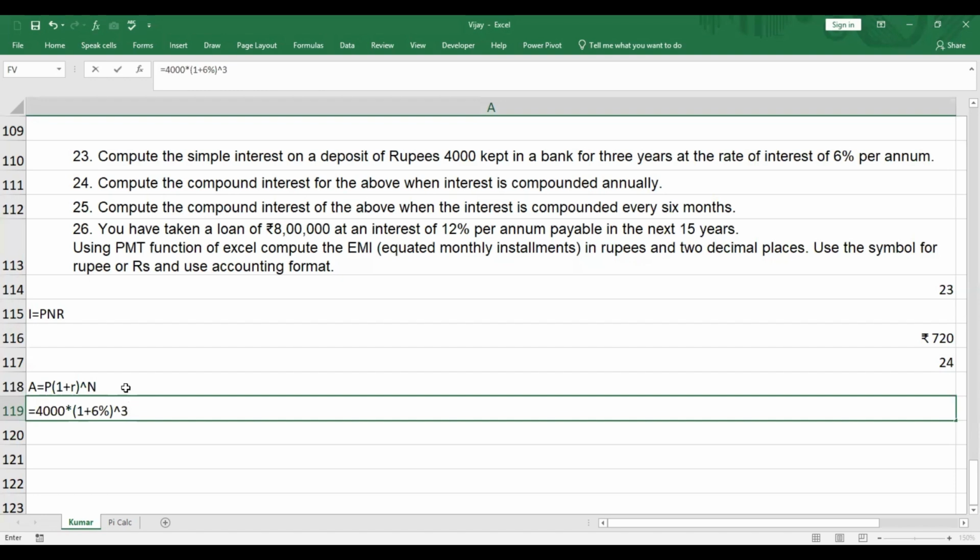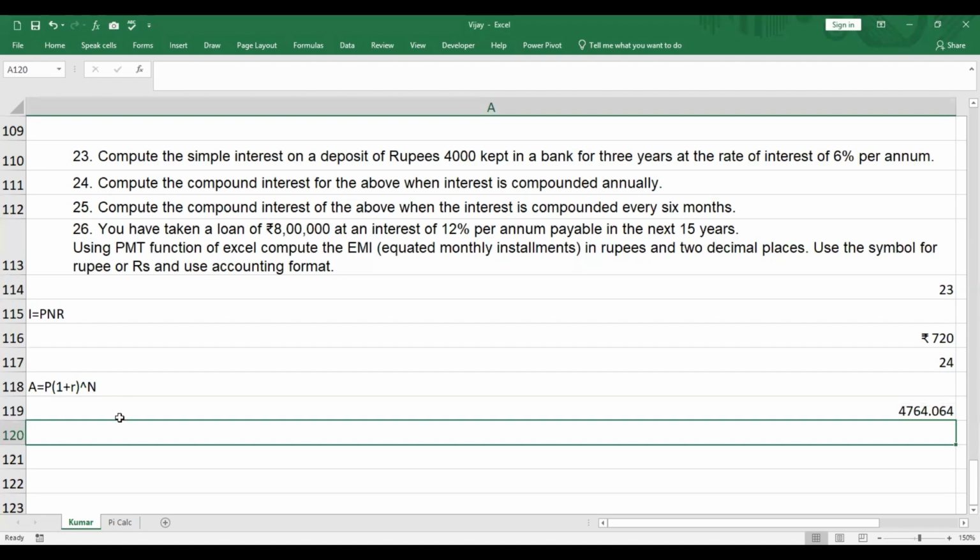So you will get the amount that it will become. It comes to 4,000 becoming 4,764.